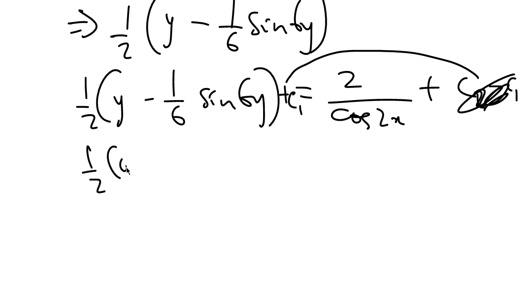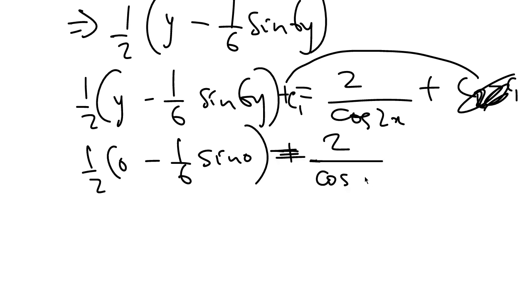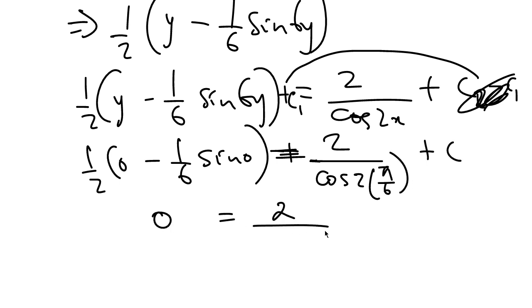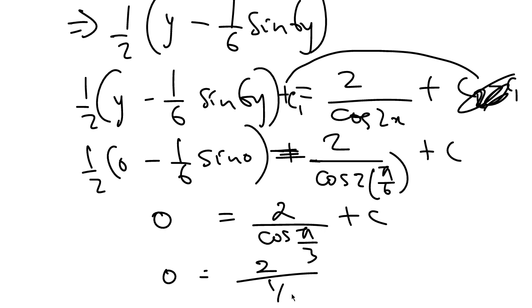So that's half into 0, negative 1 over 6 sine 0, is equal to 2 over cos 2 into pi over 6, plus c. So all this is 0 equal to 2 over cos pi over 3, plus c. And the cos of pi over 3 is half, so that's 0 equal to 4 plus c.